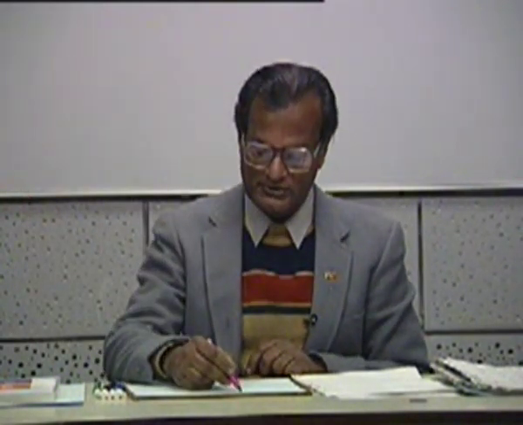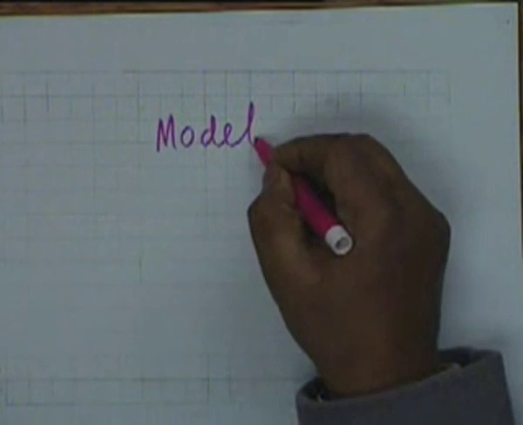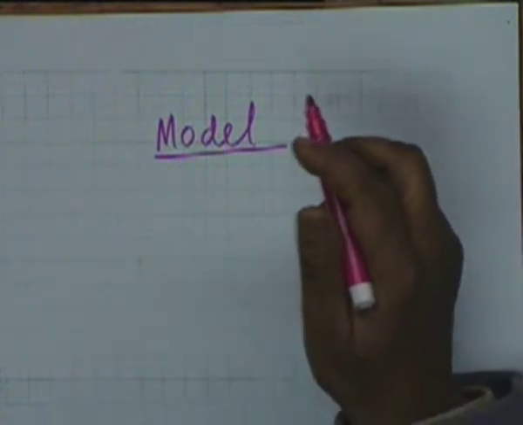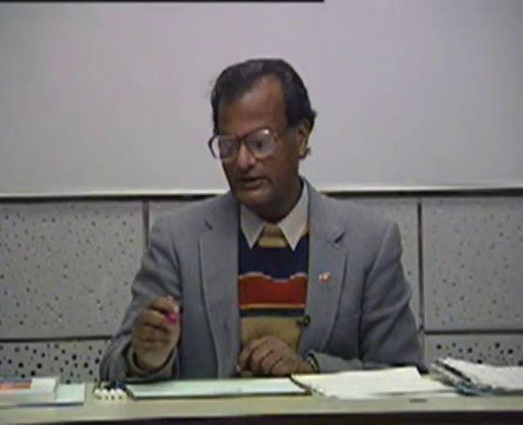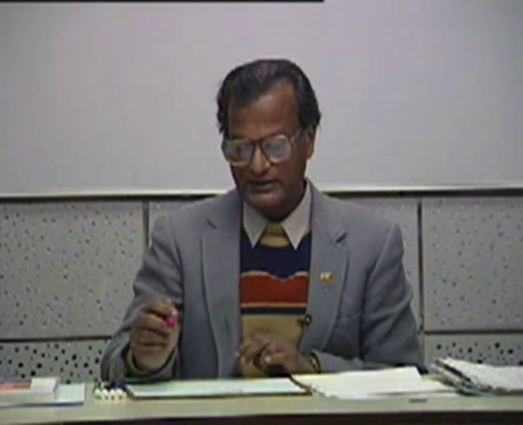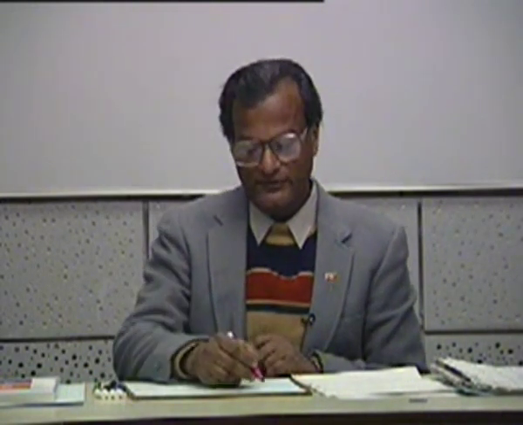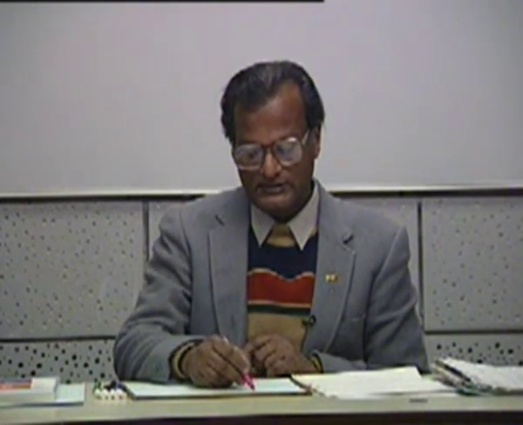Then we shall also use the word model in many situations. A model in electrical engineering terminology is quite different from the dictionary or the popular use of the word model. A model is invariably associated with the adjective circuit.